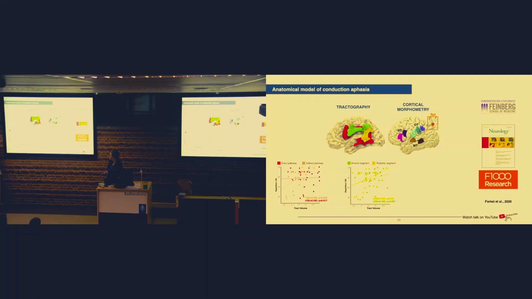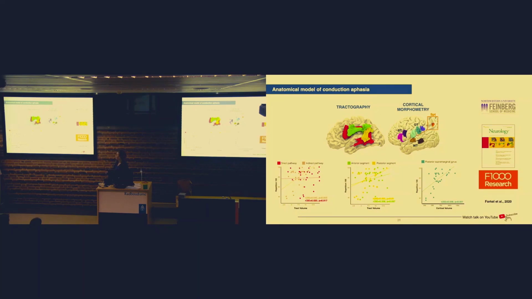If we split that by color, we can see that this correlation is slightly driven by the posterior segment. Now, in terms of the cortical areas, the only area that survived multiple comparison correction was actually the posterior supramarginal gyrus here at the end of the sylvian fissure, which is the parietal lobe.